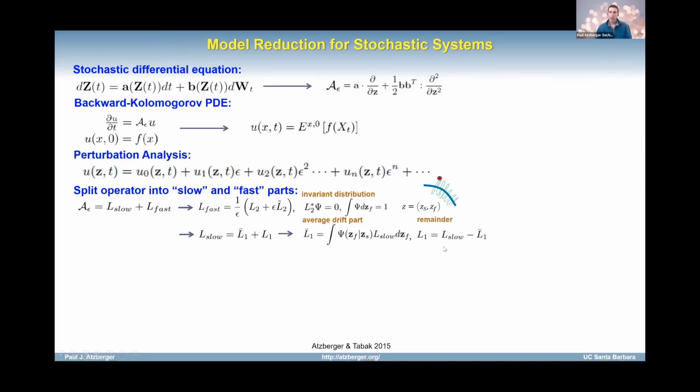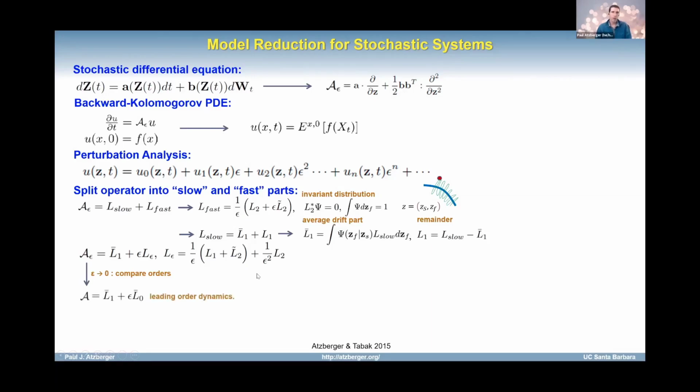Now what we can do with that is the following. You can take the operator A epsilon, and the way this will play out is you'll have bar L1 plus epsilon L epsilon, where L epsilon is given by this. This is just a way of doing the bookkeeping. Now, if I take epsilon going to 0 and plug this ansatz into my backward Kolmogorov equation and start comparing orders, I can derive equations for the U0, U1, and so on terms.